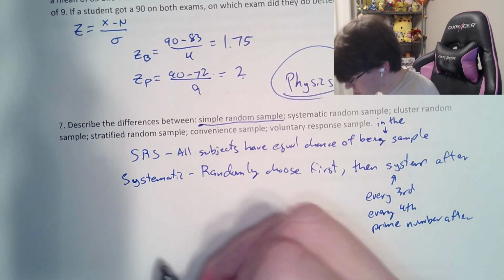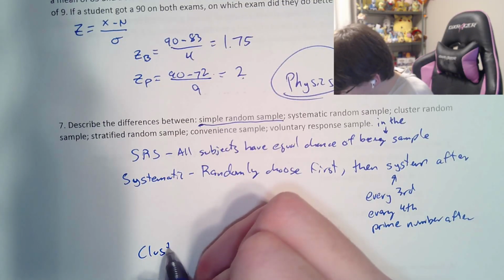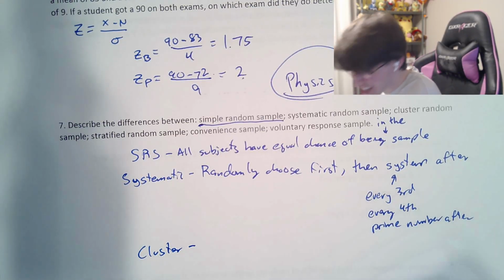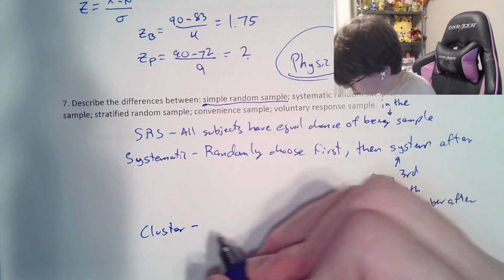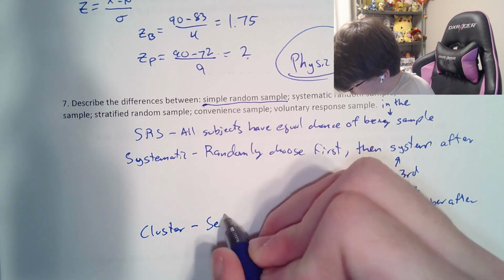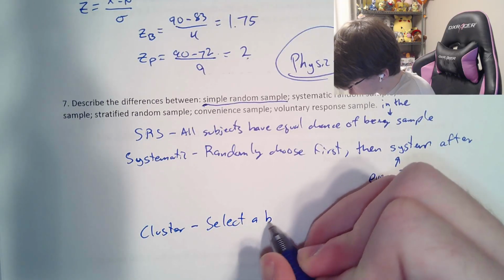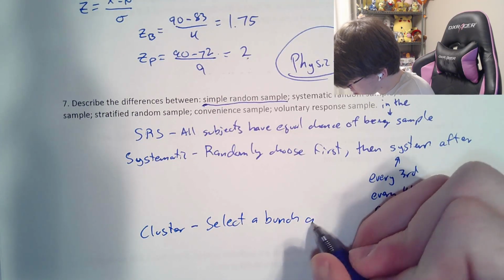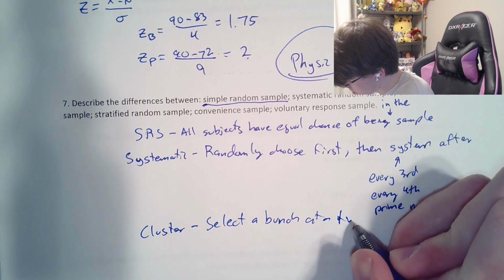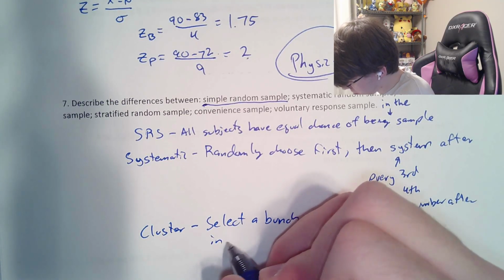A cluster random sample is going to be specifically area based. So you select a bunch at a time in a given area.